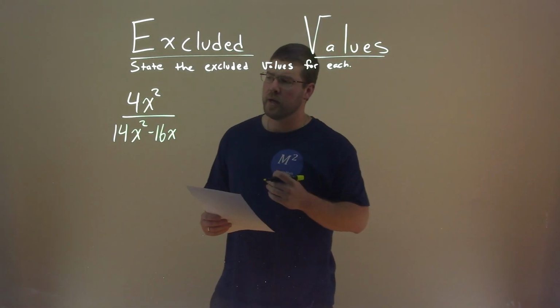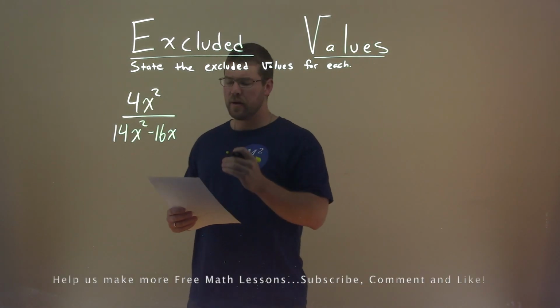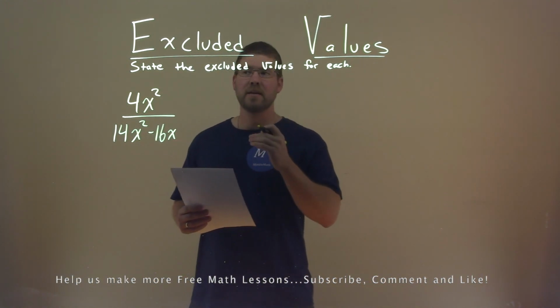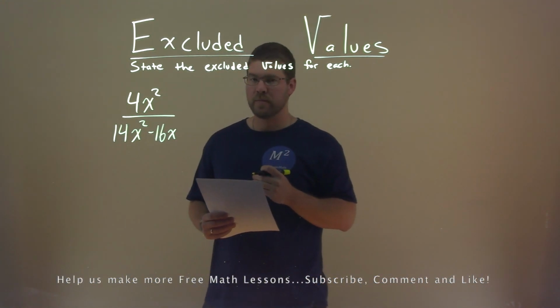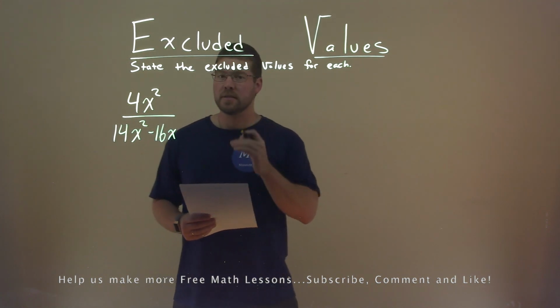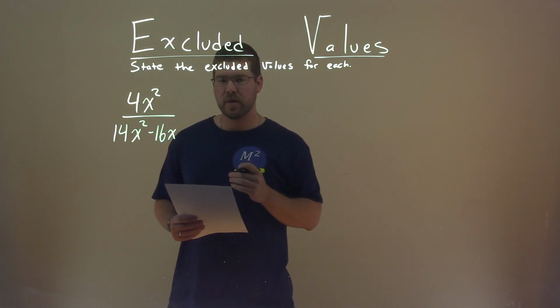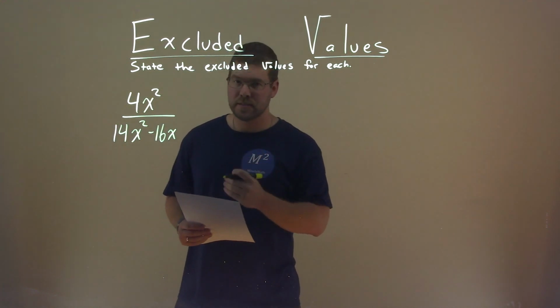We're given this problem right here, 4x squared divided by 14x squared minus 16x, and we need to state the excluded value. We first look at our denominator here, 14x squared minus 16x. We know we cannot divide by 0.